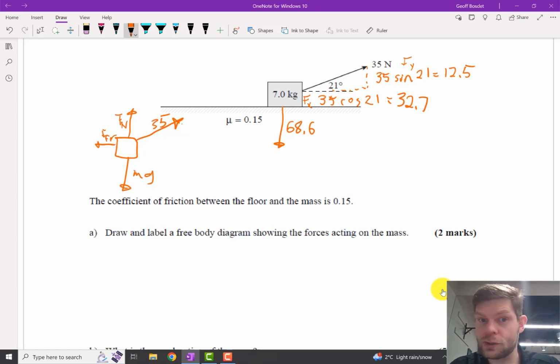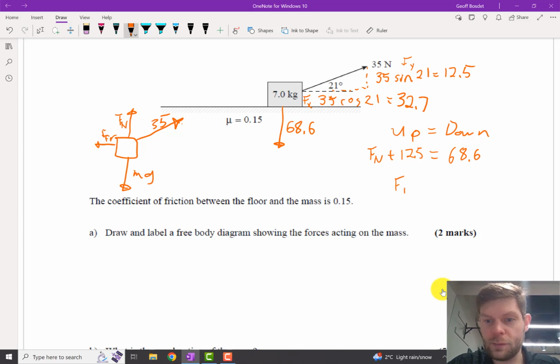So I'm going to assume that there's no acceleration along the vertical axis. So I'm going to say, hey, my up forces have to cancel with my down. And my up forces are Fn plus this 12.5 vertical component. And that's got to equal my downforce, which is 68.6.